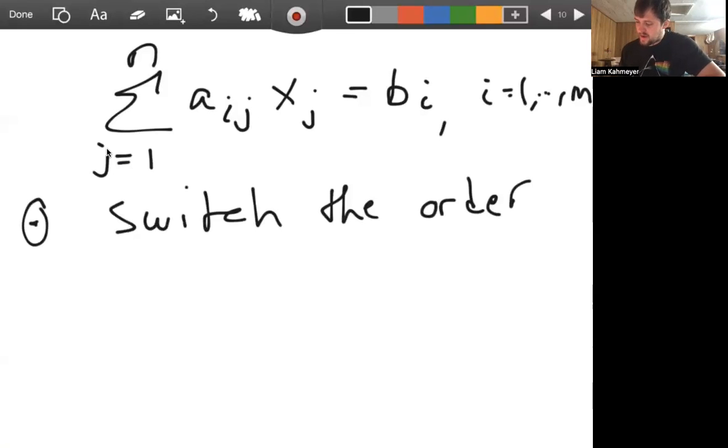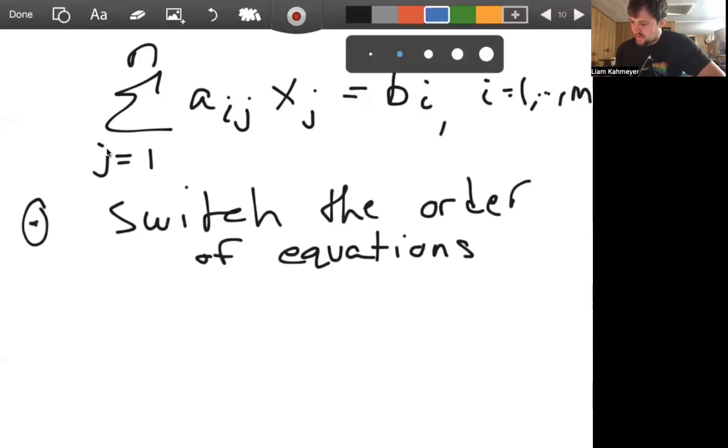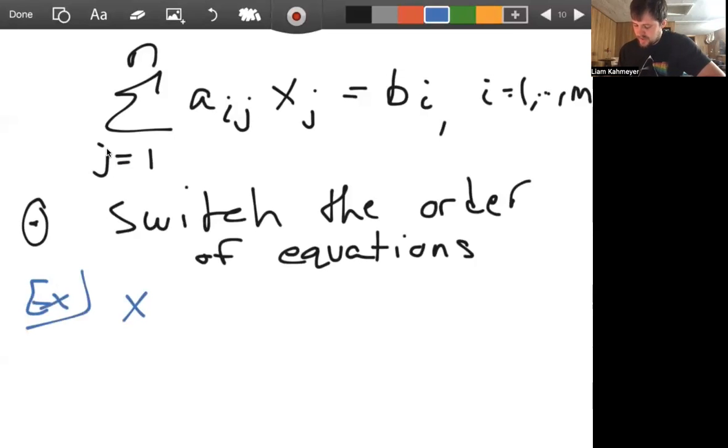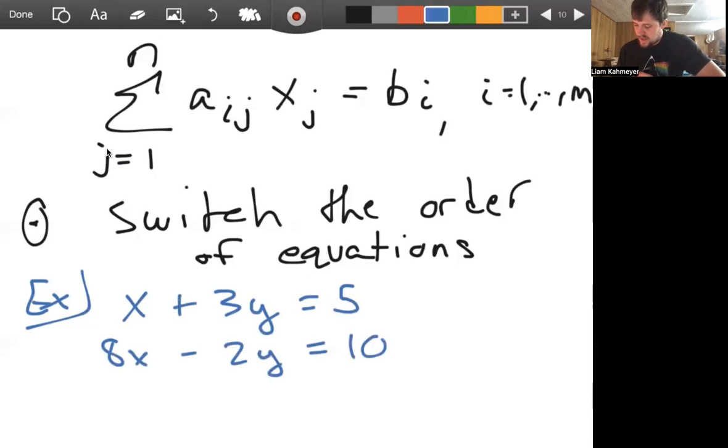So if we had, let's say, for an example here, x plus 3y equals 5, and then 8x minus 2y equals 10, and 7x plus y equals -8.